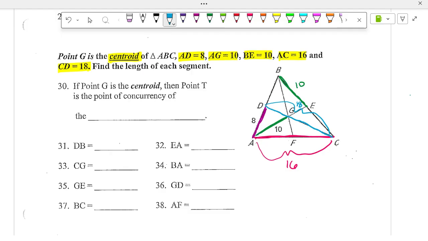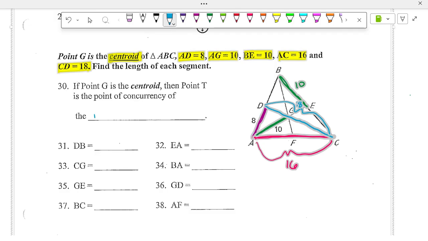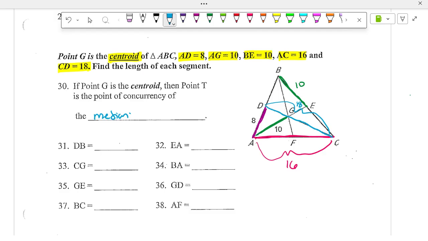Now, we know the centroid is formed by what lines? What type of lines is it? What lines did I say the centroid is formed by? The medians. So we're going to go through and find the rest of these.